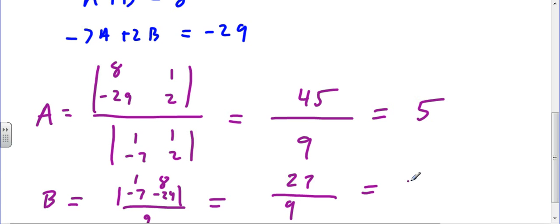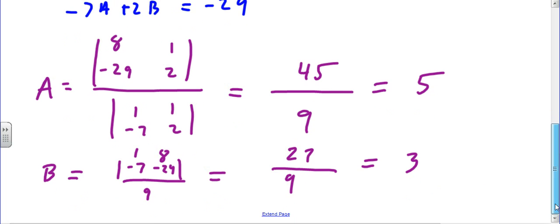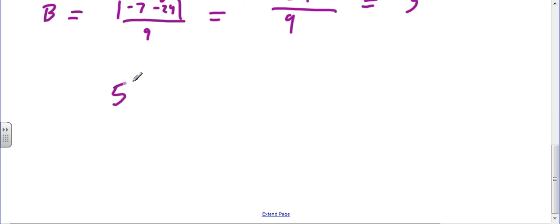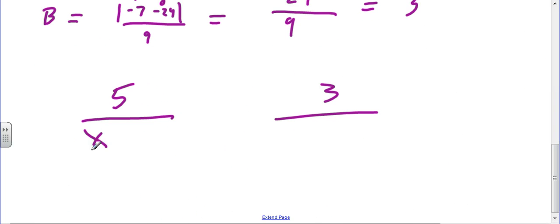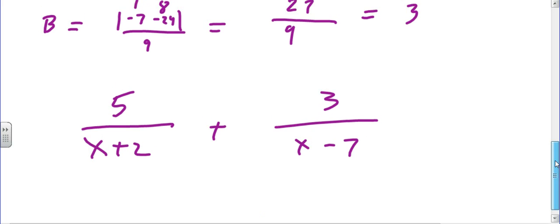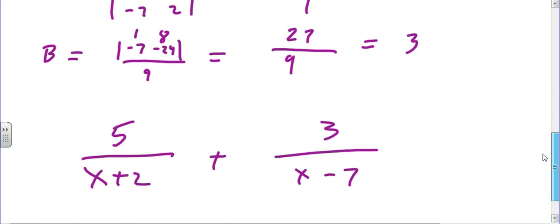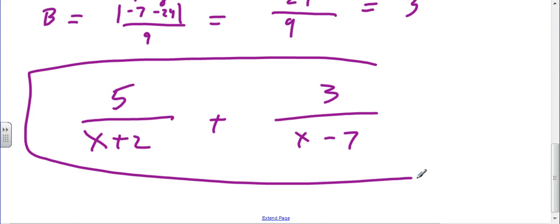So B is going to be a 3. So I'm going to have a 5 divided by and a 3 divided by, and my original problem was x plus 2, x minus 7. And so that would be my final answer.